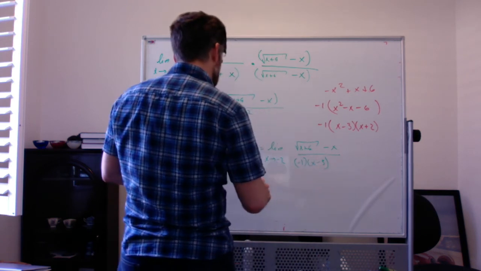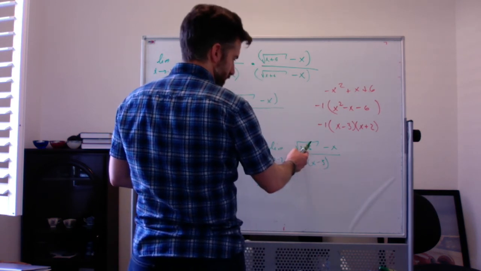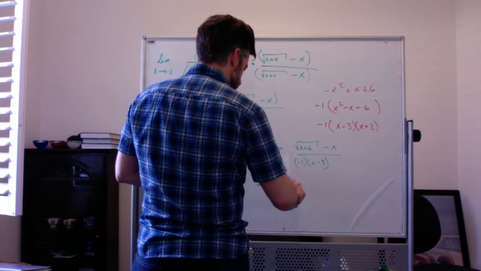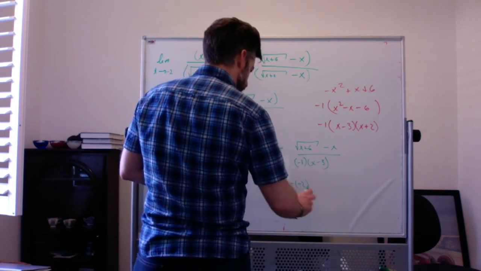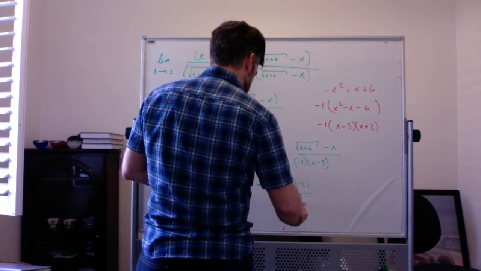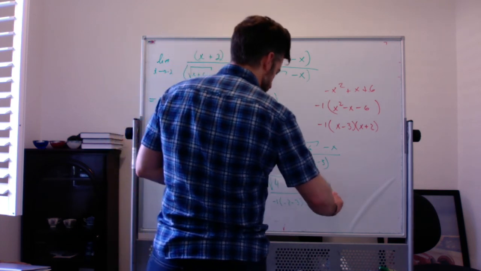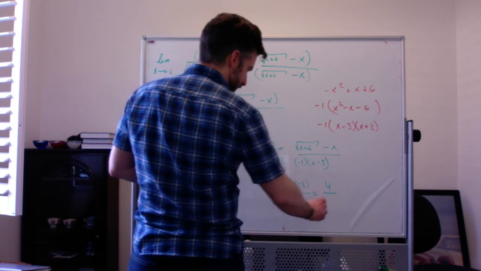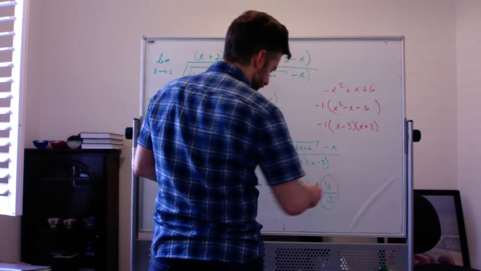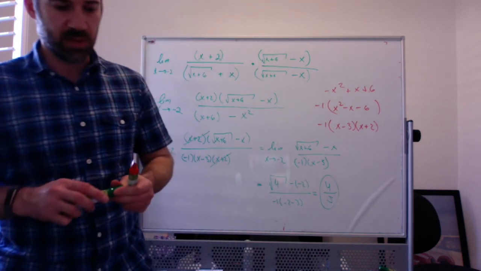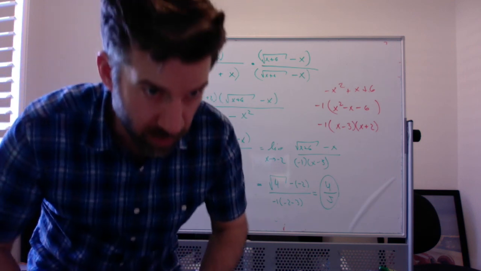Plugging in negative 2, I get the square root of negative 2 plus 6, which is 4, minus negative 2, all over negative 1 times negative 2 minus 3. So I end up with 2 plus 2, so 4 on top, and negative 1 times negative 5 is positive 5 on the bottom, so I get 4/5. Hopefully those examples help you out. Alright, that's all I got.